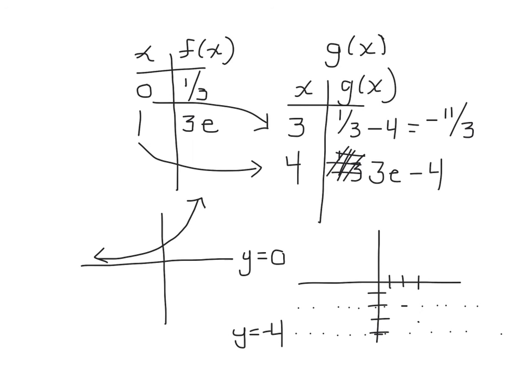So when x is 4, we go up about 4.15. We might have to look at this one together tomorrow just because I have to see what they do on the Alex side of things. And now the asymptote, of course, is going to be at y equals negative 4.